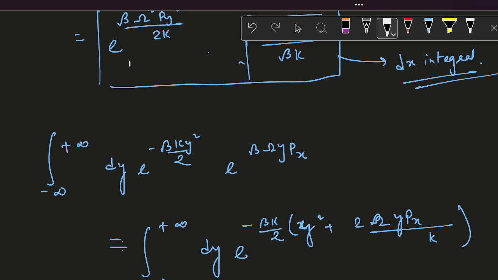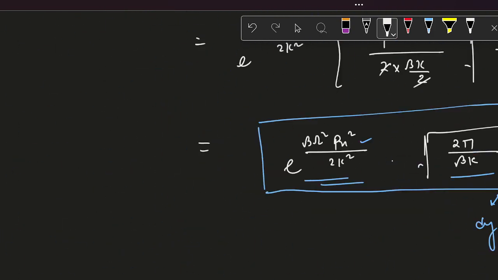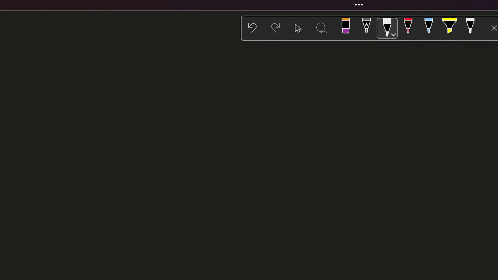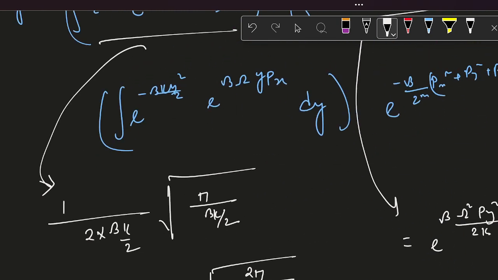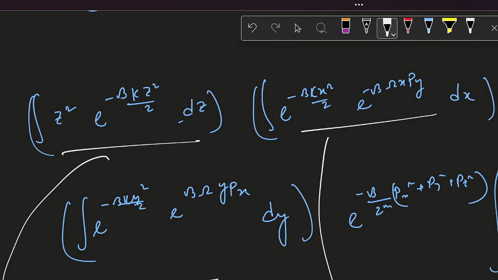So what we are left with is a constant factor of e to the power of beta omega squared p squared by twice k, into root over 2 pi by beta k. The similar thing will be done here. Same approach: for this dx integral you have e to the power of beta omega squared py squared by 2k into root over 2 pi by beta k.